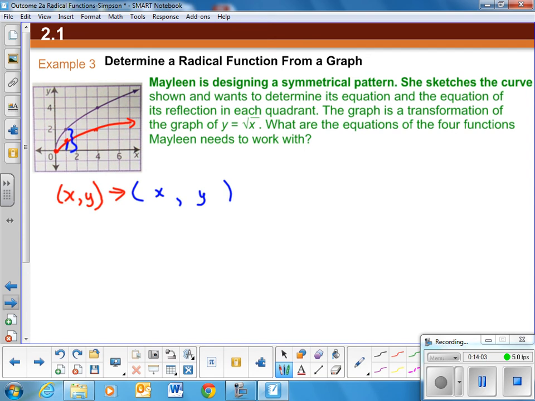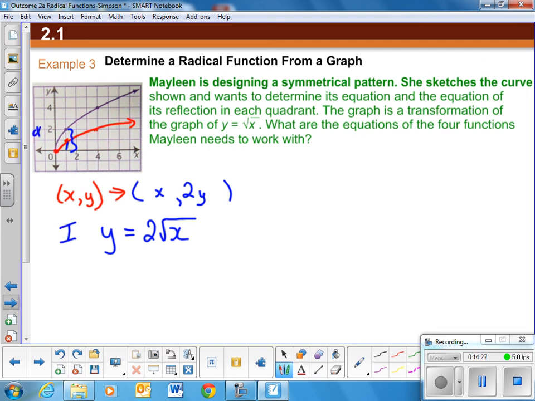That means that we took our y values and multiplied them by 2. So that 2 has to be outside of the base function root x. That gives me the equation of the graph in quadrant 1.